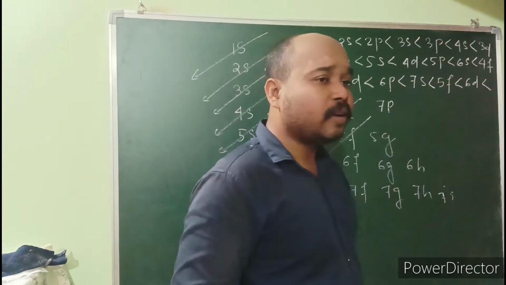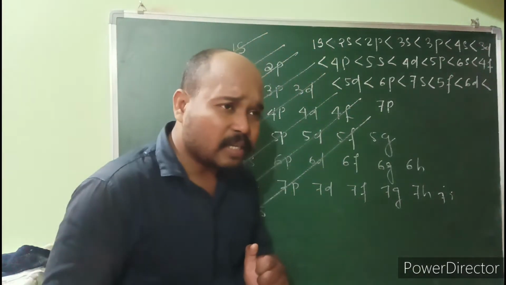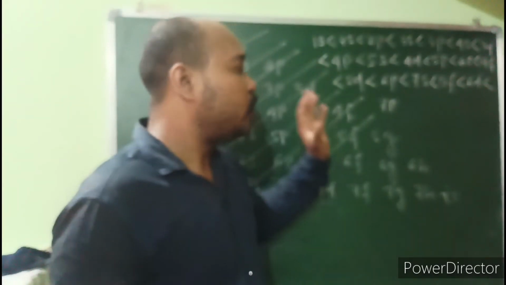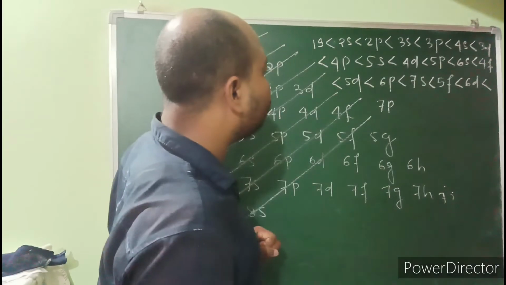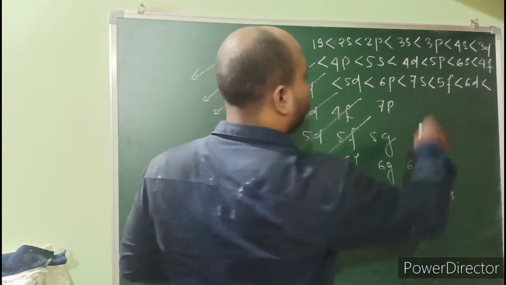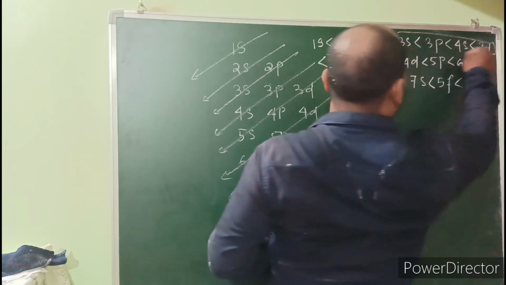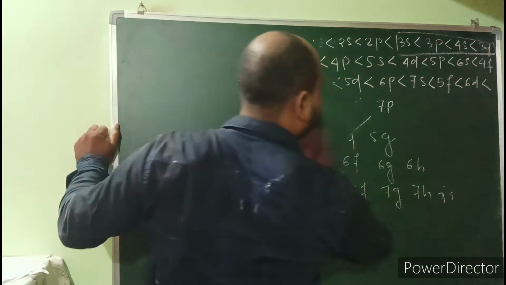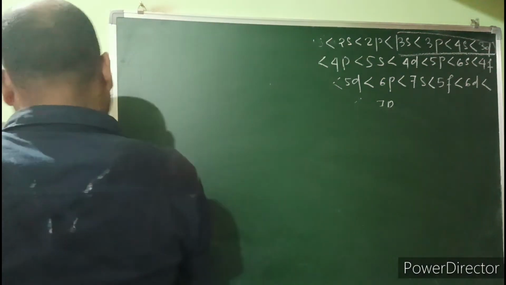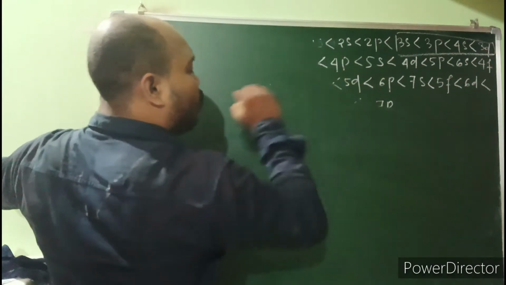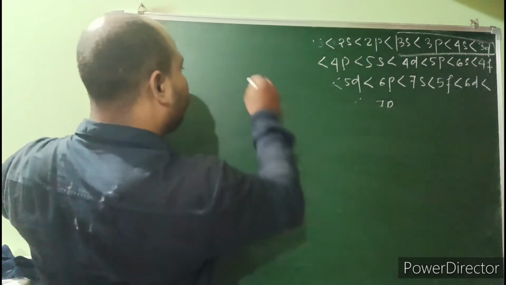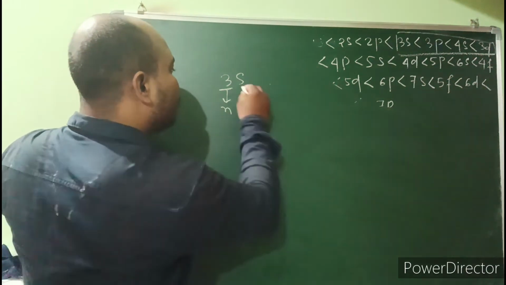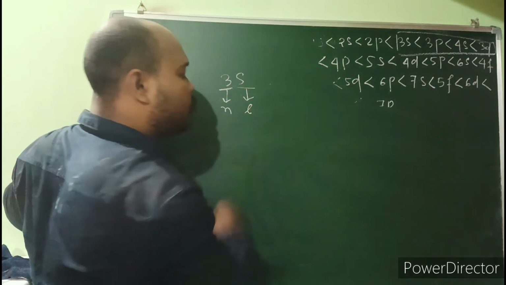Now this is the increasing order. There is another question: how do you determine whether this sequence is correct or not? Let us find out a series from 3s to 3d. When I write 3s, this indicates the principal quantum number and this indicates the azimuthal quantum number.